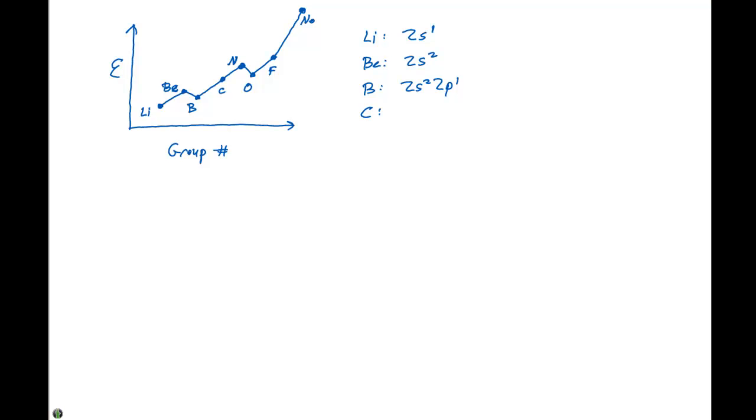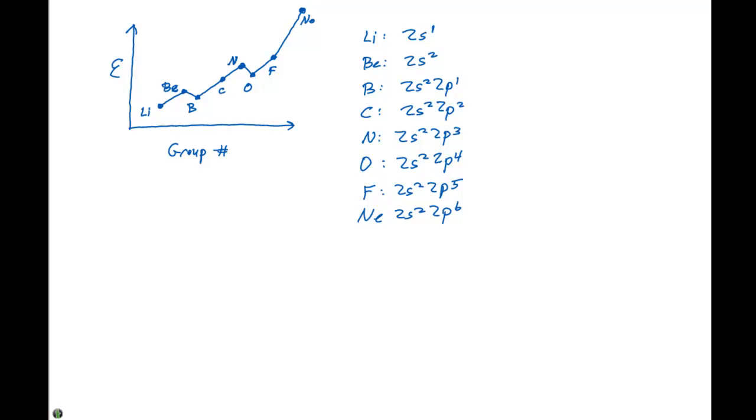Carbon, 2s2, 2p2. Nitrogen, 2s2, 2p3. Oxygen, 2s2, 2p4. Fluorine is 2s2, 2p5. And neon, 2s2, 2p6.